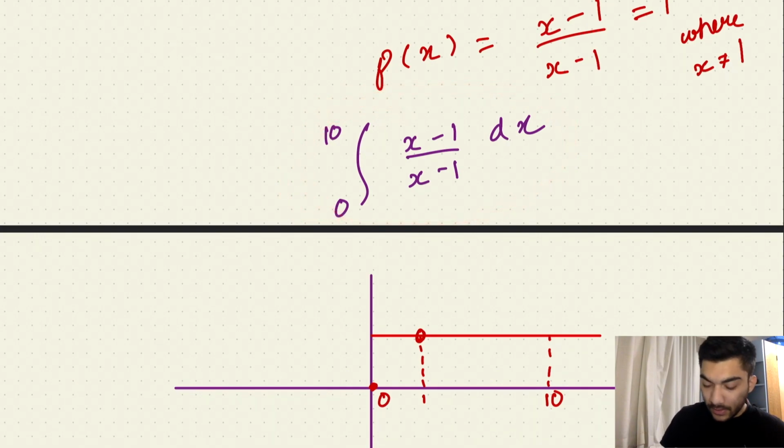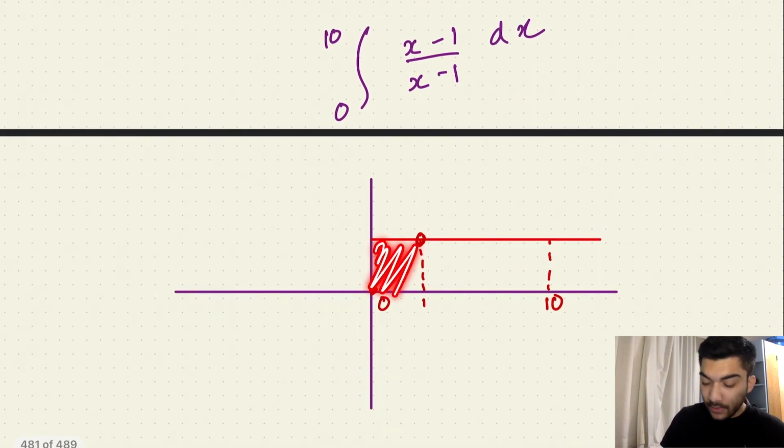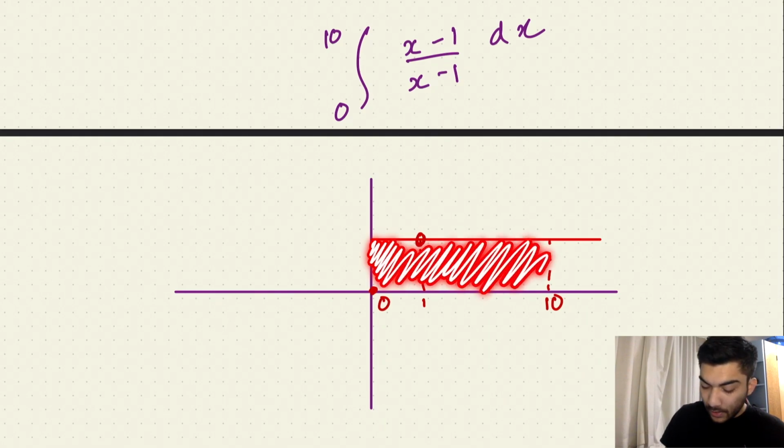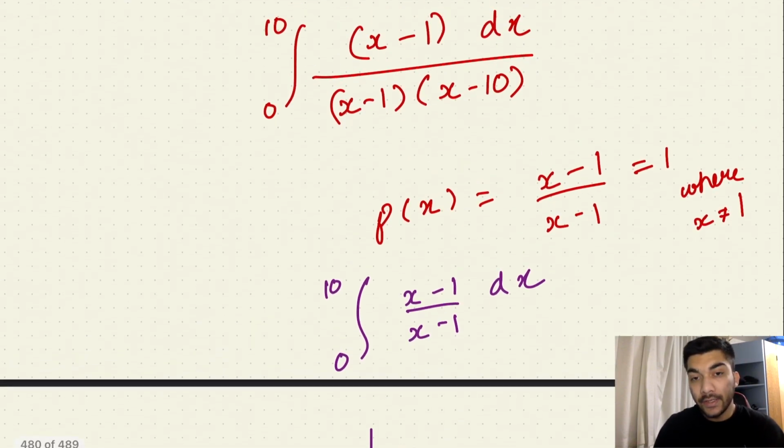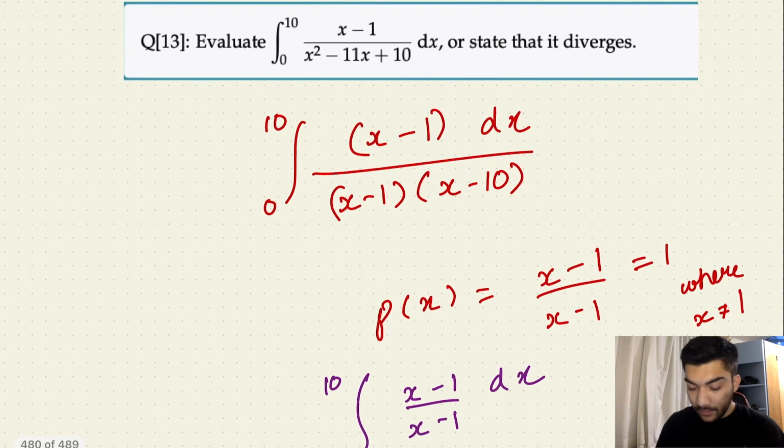But since we are calculating the integral of this expression, which is calculating the area under the curve, we can clearly notice that removing this point does not affect the area under the curve. So in the cases of removable discontinuities, you can cancel these expressions, because cancelling them will not affect the definite integral.